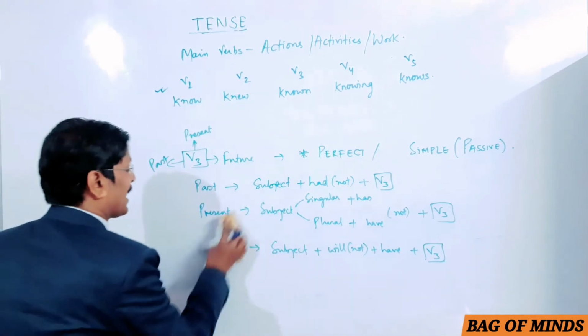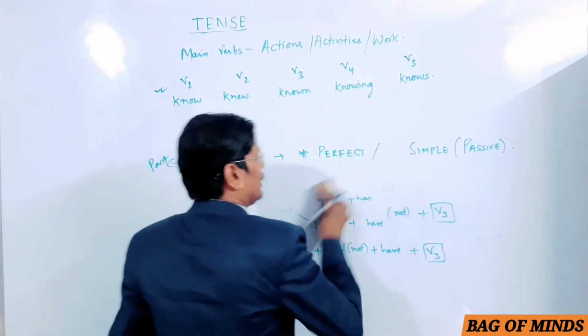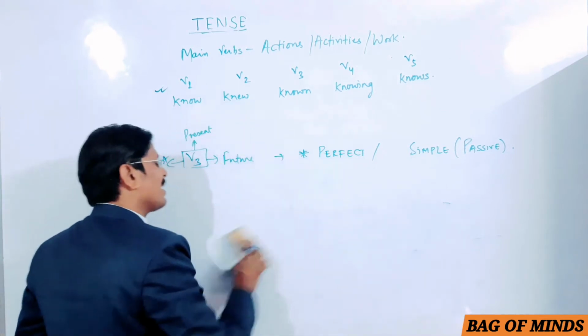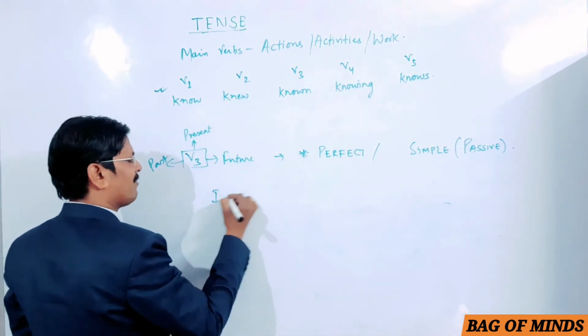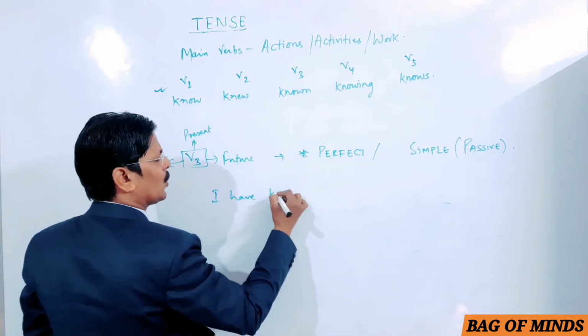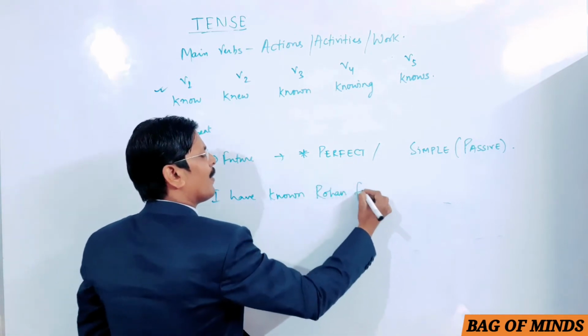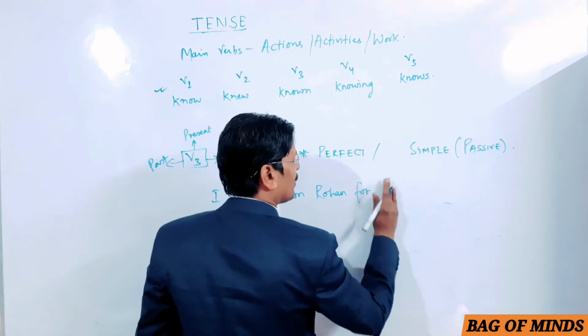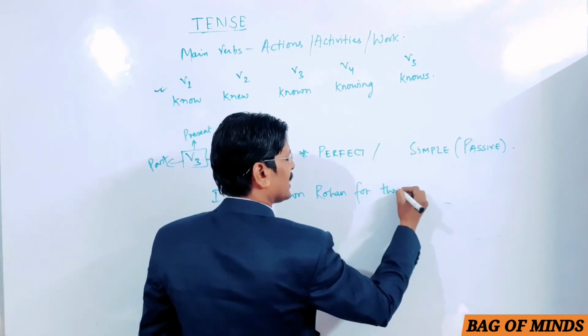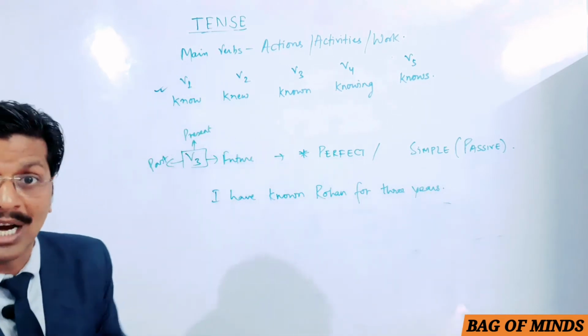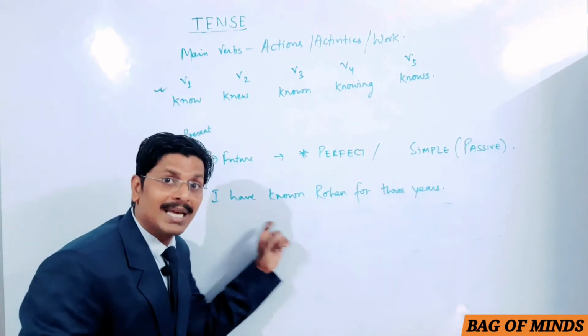Let's take an example and understand it. Let's say somebody said, I have known Rohan for 3 years. Now again, the basic thing is to identify the correct time. So first step, look at the helping verb.